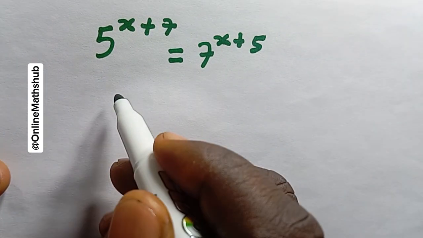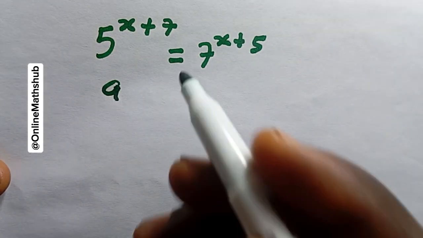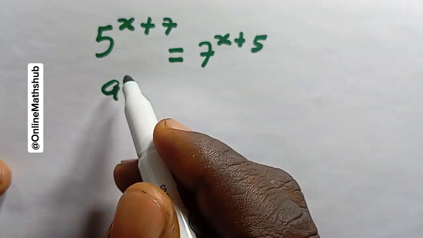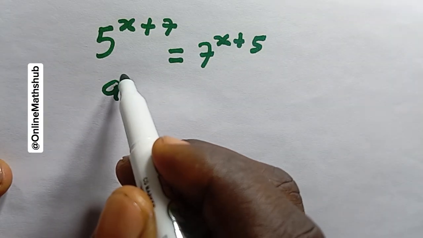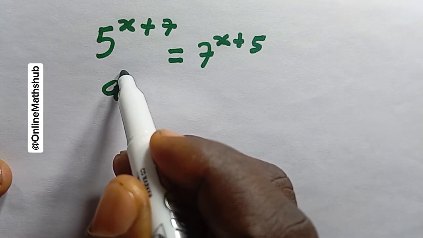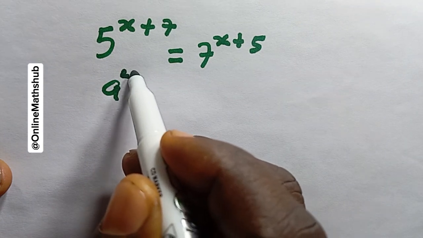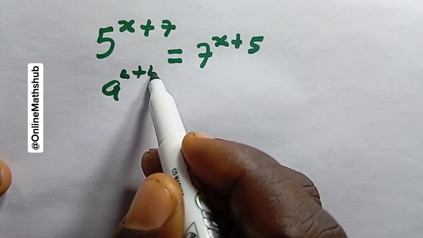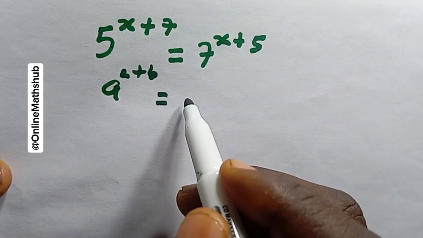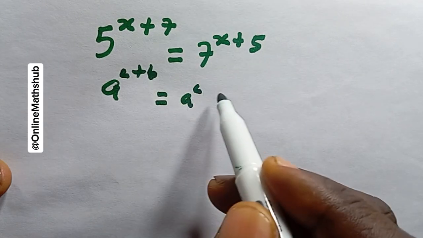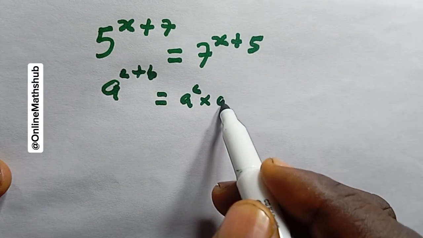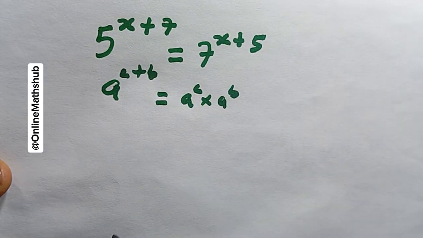We're just going to be using one of the properties of indices, which basically says that if we have a^(c+b), you can expand this as a^c multiplied by a^b.